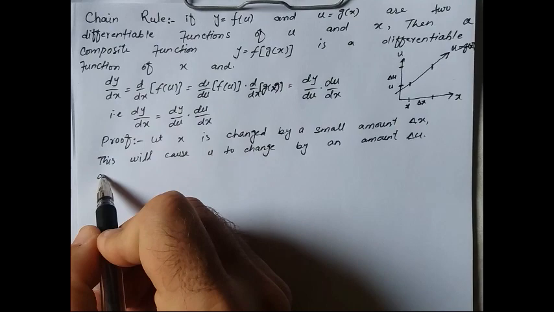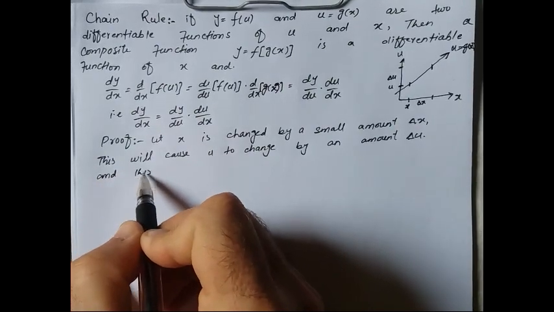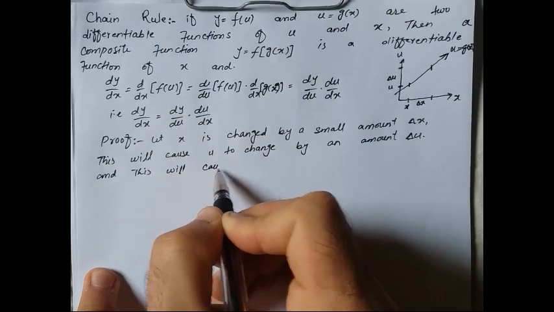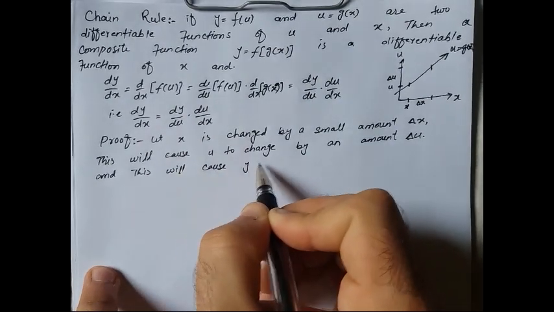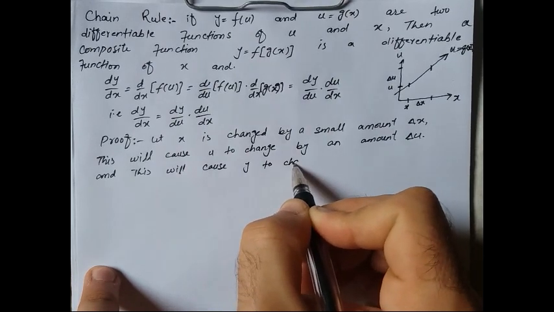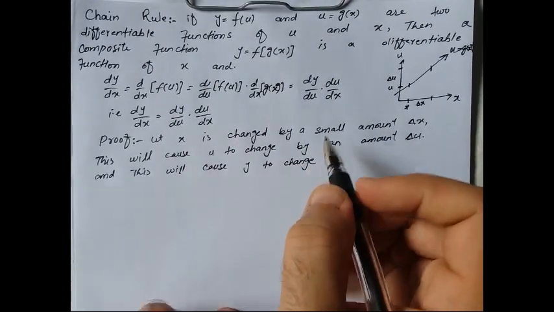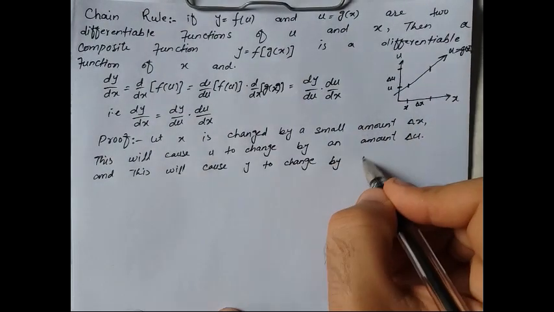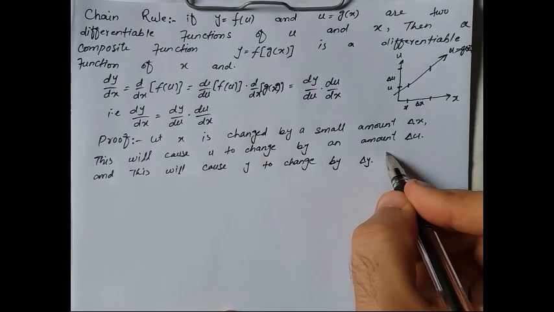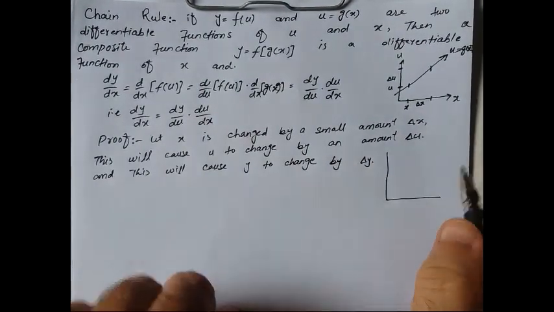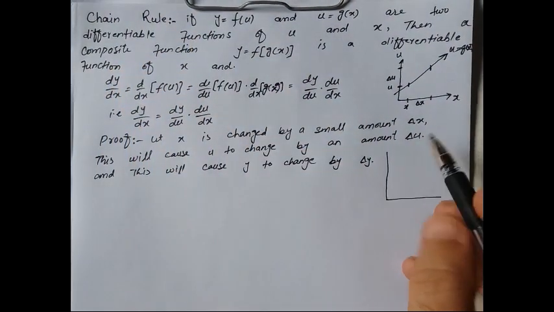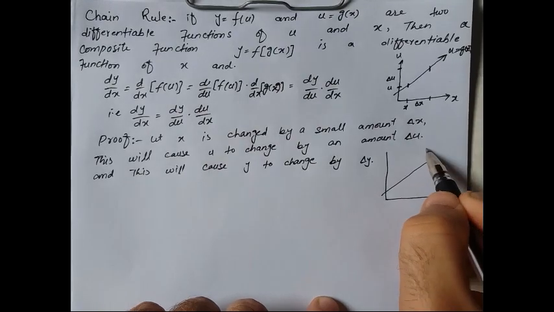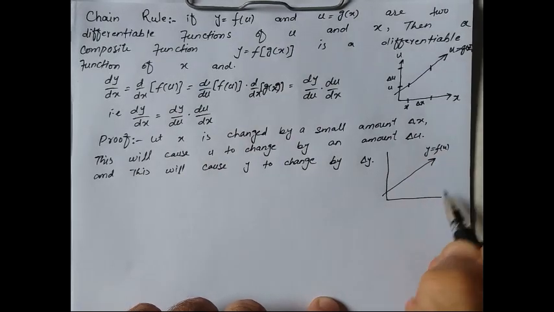This will cause y to change by delta y. This is because we have y is f of u, function y is f of u, and this is the u axis, this one is the y axis.